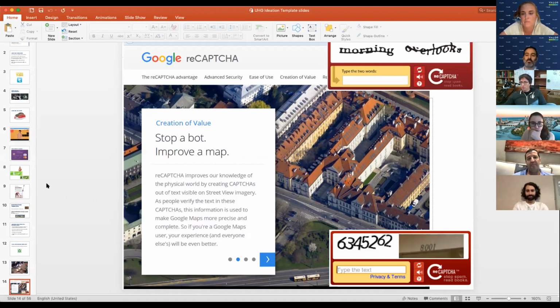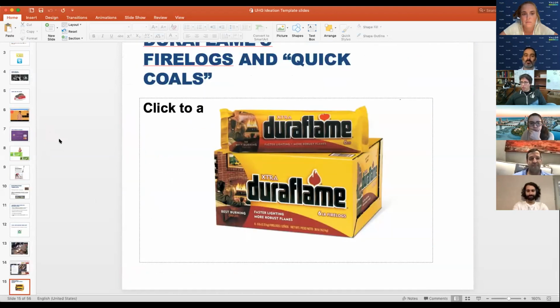Here's another example of two jobs. If you want to light a fire, what do you need? You need a fire starter, you need a log, and you need paper. The problem with fire starter is that it's very unsafe, and the paper can fly away. So Duraflame created this log that has in it basically the fire starter material, and it has a wrapper, and all you do is you put it in your fireplace and you light the wrapper.